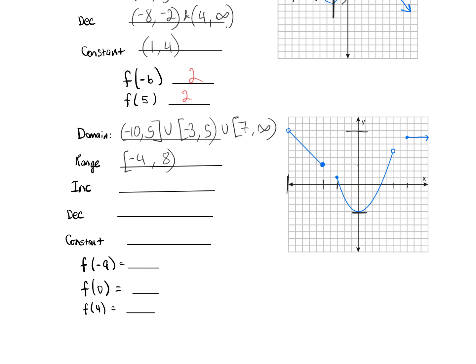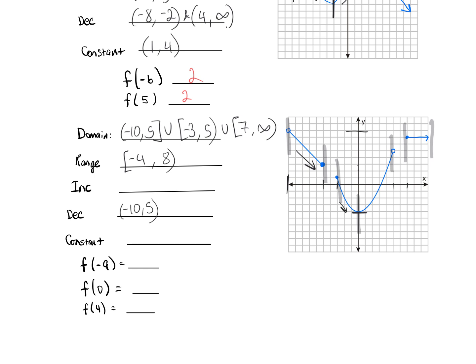We have different sections. We have first section of the graph, second section of the graph, third section of the graph, and then the fourth section of the graph. Now the first section is this one that's actually decreasing. So I can just go ahead and write it. That's going to be from negative 10 to 5. Then we have another decreasing section, which is section 2 right here.